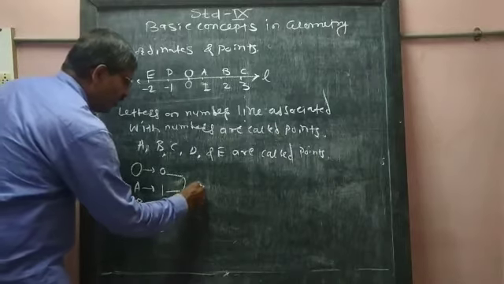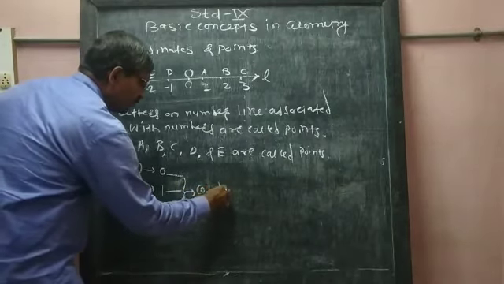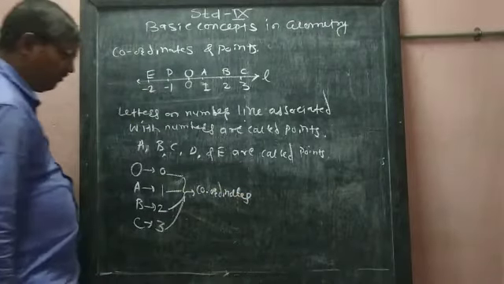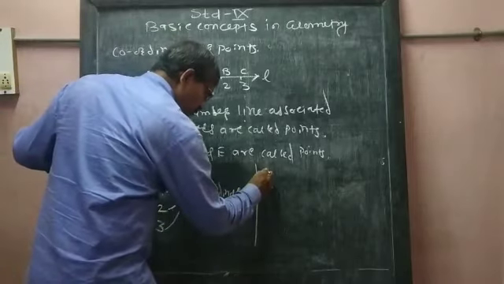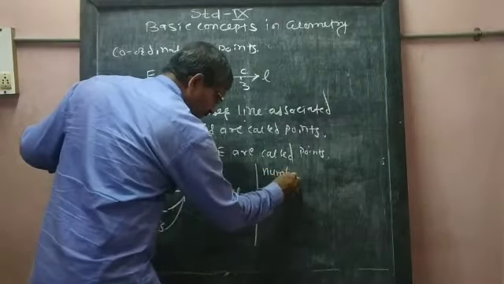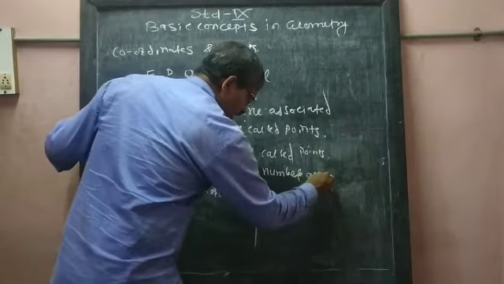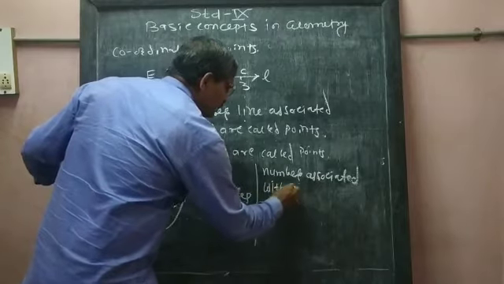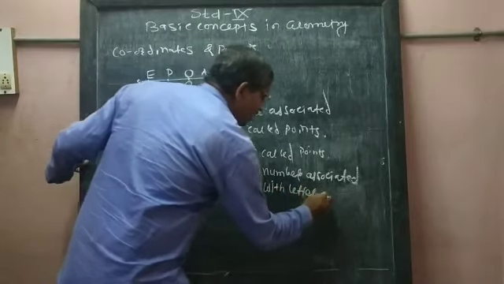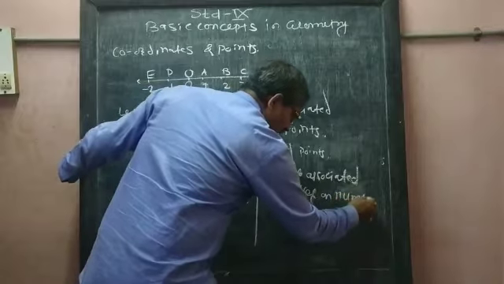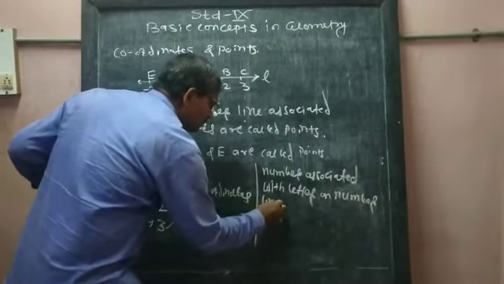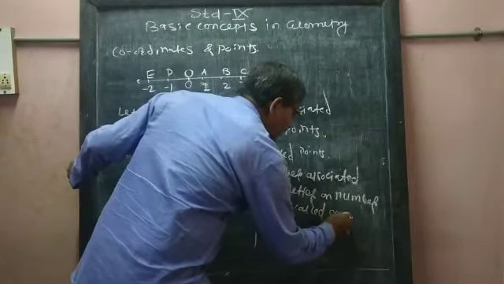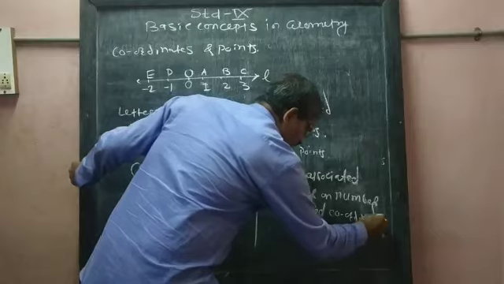These are all together called coordinates. What is the definition of coordinate? The number associated with the letter on a number line is called the coordinate.